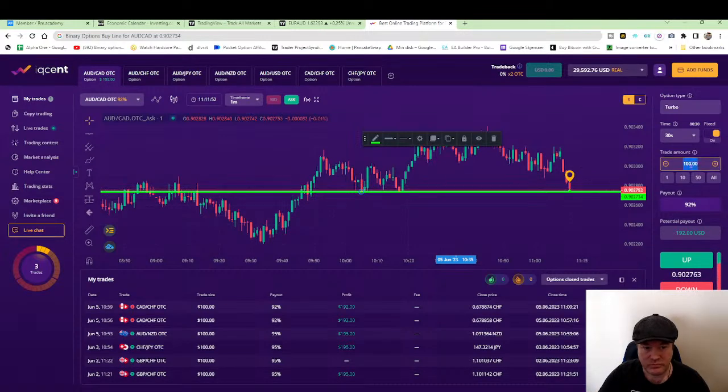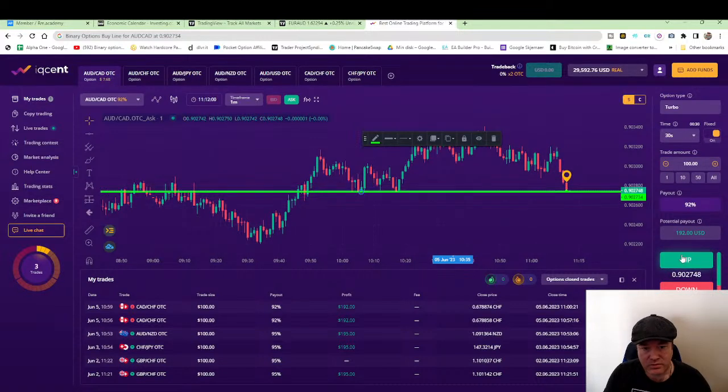Let's see if we get a better entry. I do that. I think the entry is good enough. We keep it. Let's see if this can turn into profit also. Looks like it, and we won.